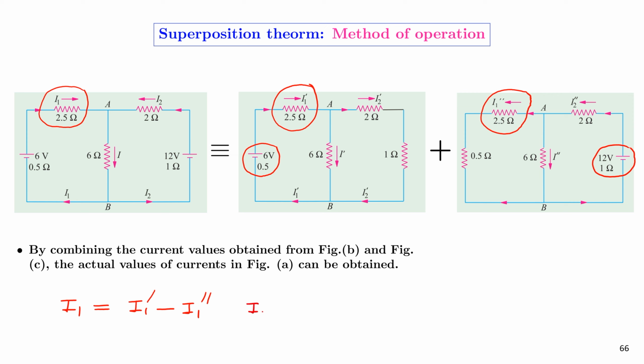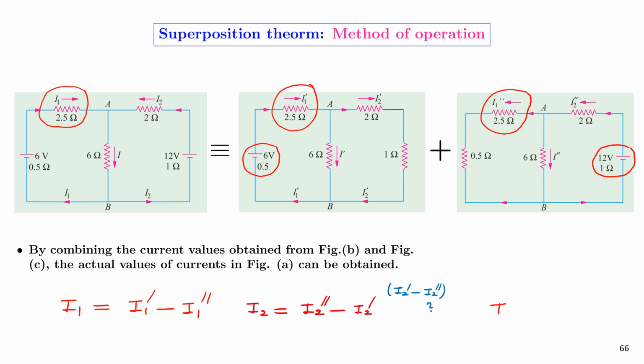Similarly, we can write I2 as the superposition of I2 double prime minus I2 prime. You may wonder why it is not I2 prime minus I2 double prime. That is because the direction of I2 and I2 double prime are the same. Therefore, we will take I2 as equal to I2 double prime minus I2 prime.